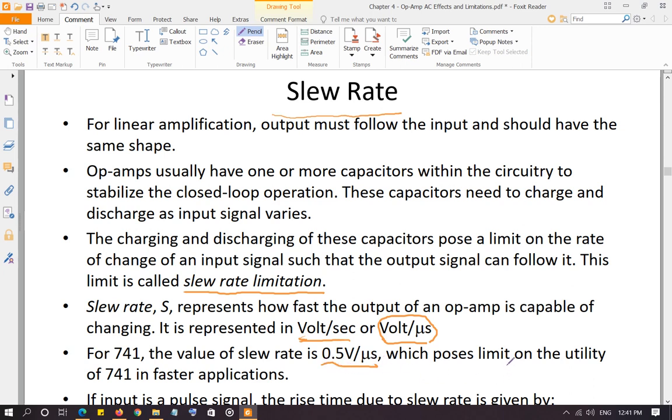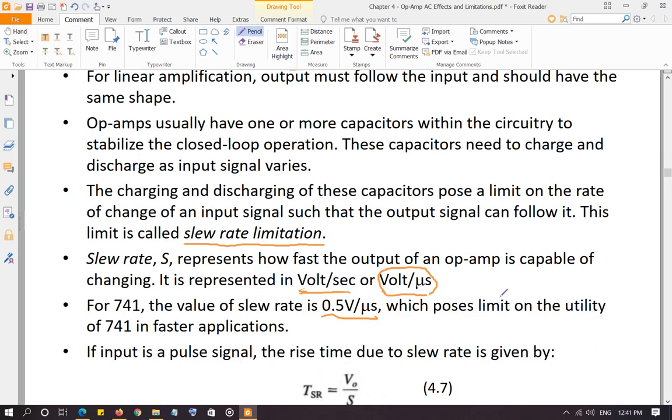So the output of your 741 can change 0.5 volt in each microsecond. And that poses a limit on how fast the operation can be done with the 741. Now there are other operational amplifiers whose slew rate is higher than 0.5 volt per microsecond, so they can work with even faster applications than the 741.